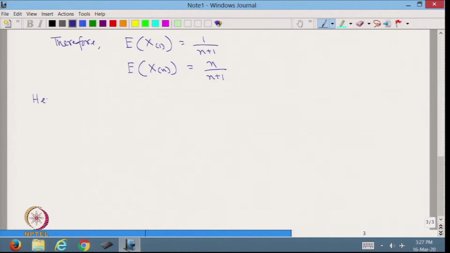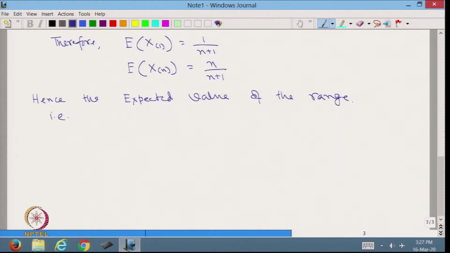Hence, the expected value of the range. What is range?